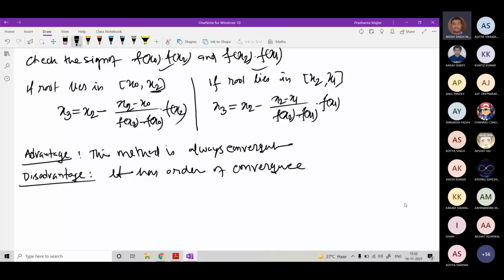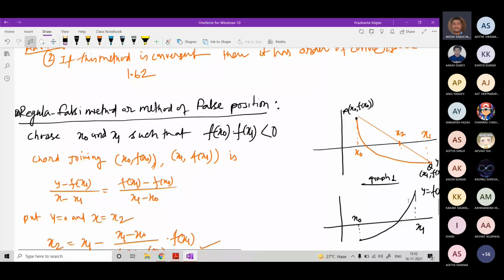Okay, so now let us look at the graph to see how we calculate the next iterative value. You have got x2. Now look at the sign: f of x naught into f of x2 are of opposite sign. So to calculate x3, you will draw a chord joining x naught comma f of x naught and x2 comma f of x2.